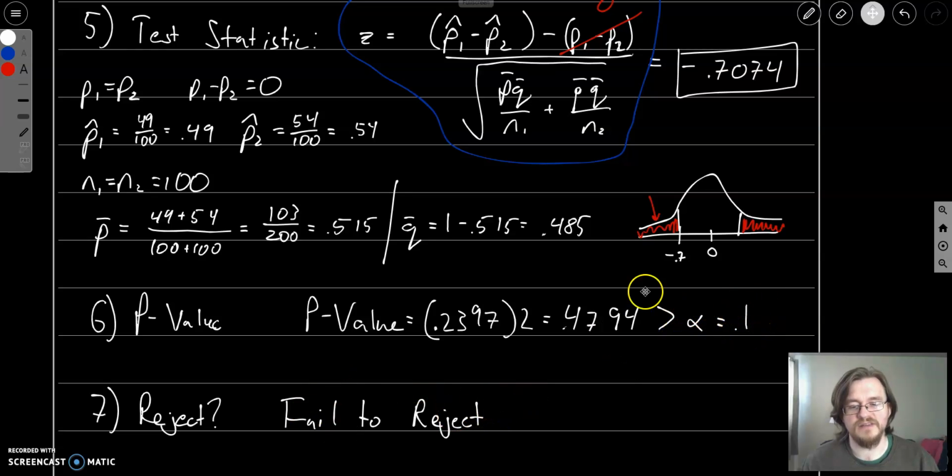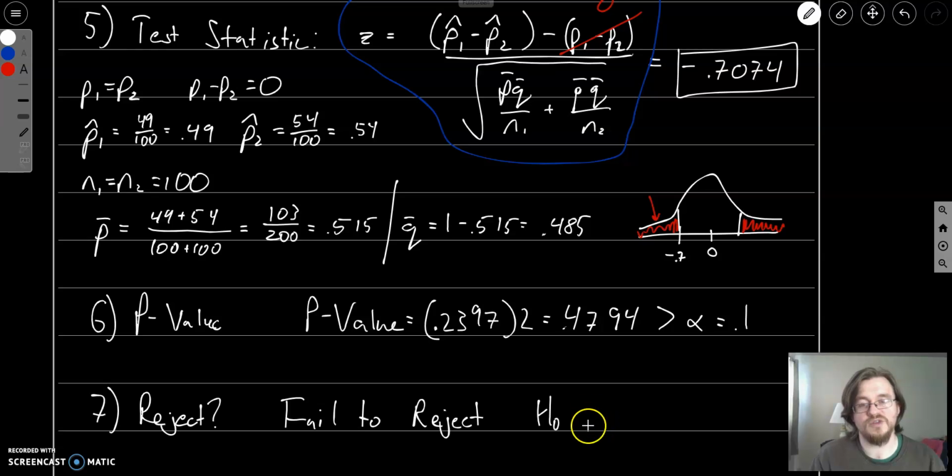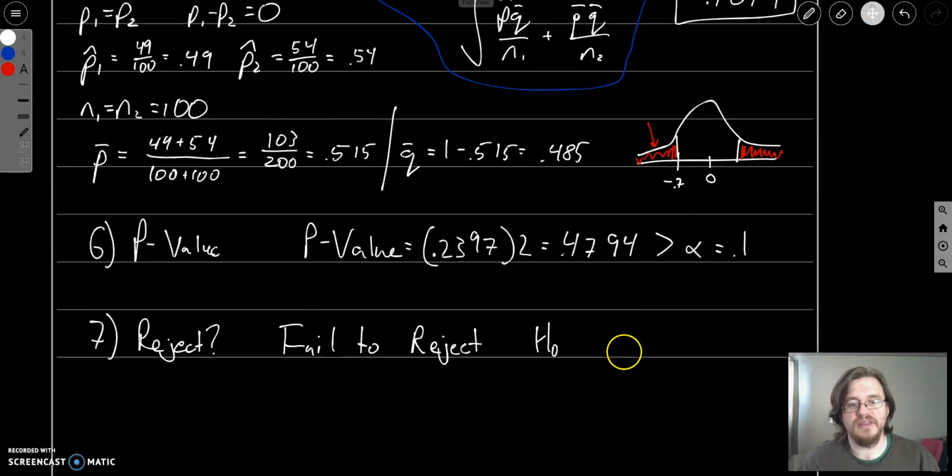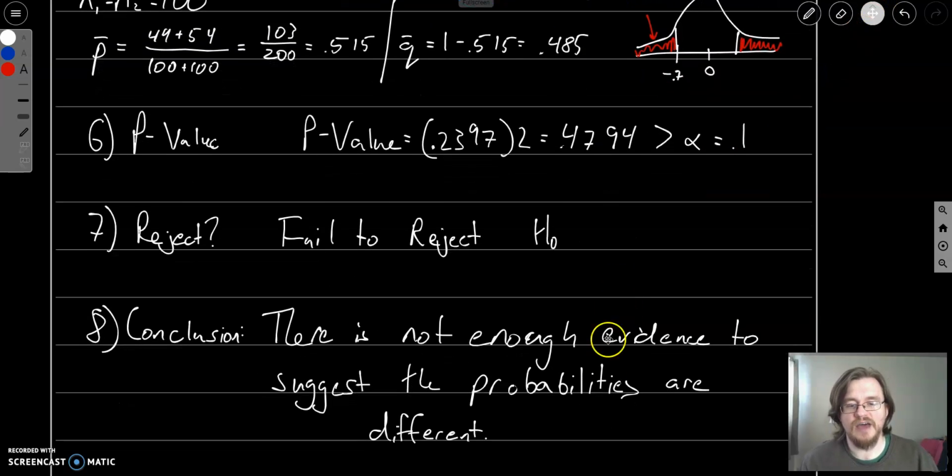So we fail to reject H0, which was that the two probabilities are equal to one another. If we can't reject that, then we can't say that our two probabilities are different. So essentially, there's not enough evidence to suggest that the probabilities that the quarters turn up heads are different. 49 and 54 are close enough that they could be the same probabilities.